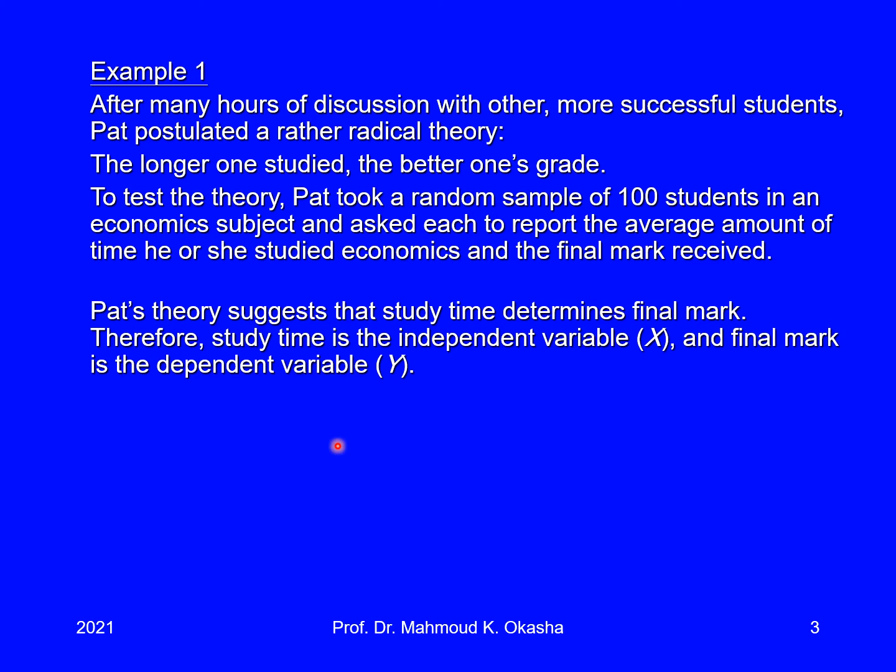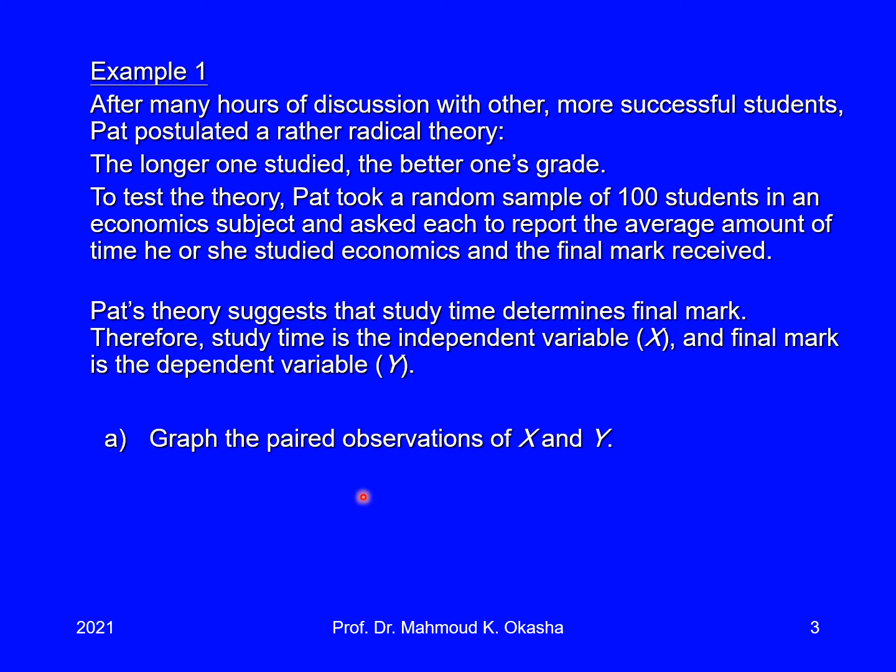Therefore, study time is the independent variable, because the mark is the dependent one. Study time affects the mark, not vice versa. So the study time is the independent variable, and the mark is the dependent variable.